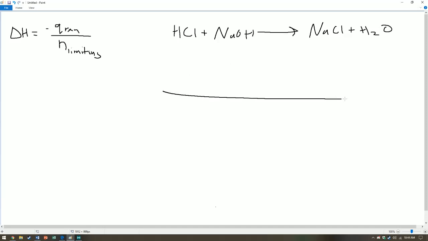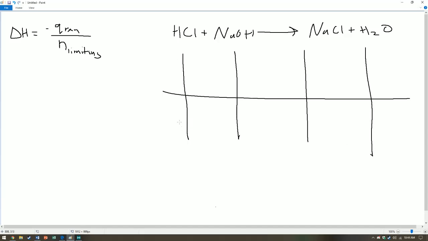And we can do our little before and after chart. We are told that HCl is 51 mL of 2 molar, with ratios 1 1 1 1, and NaOH is 50 mL, also 2 molar.